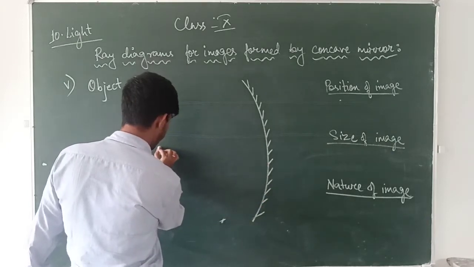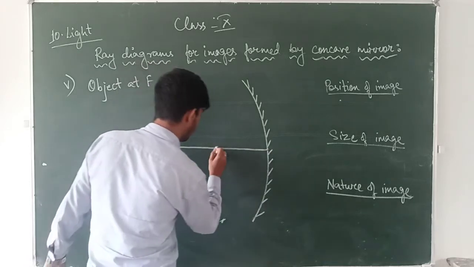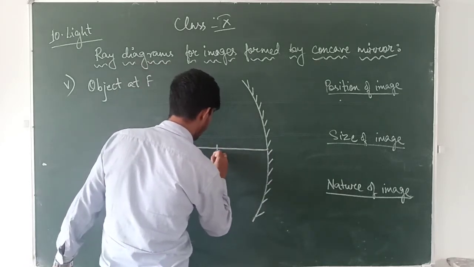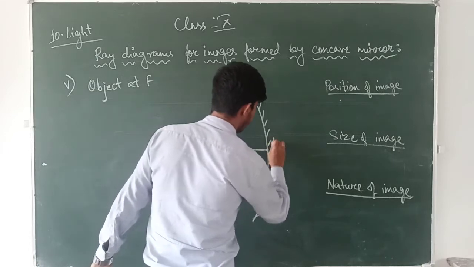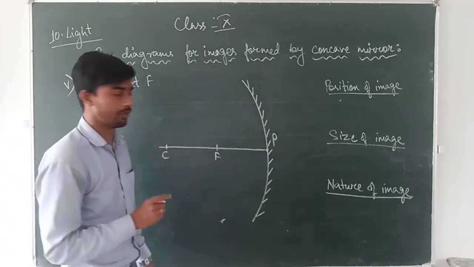And we will have our principal axis, center of curvature, this is our focus, and this is our pole. These three markings should always be there on the diagram of the mirror.